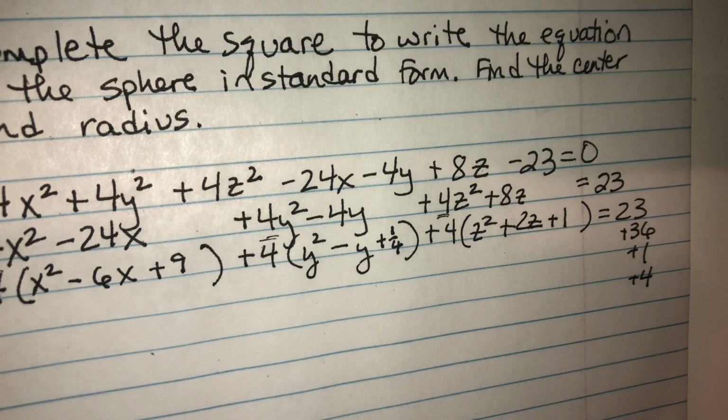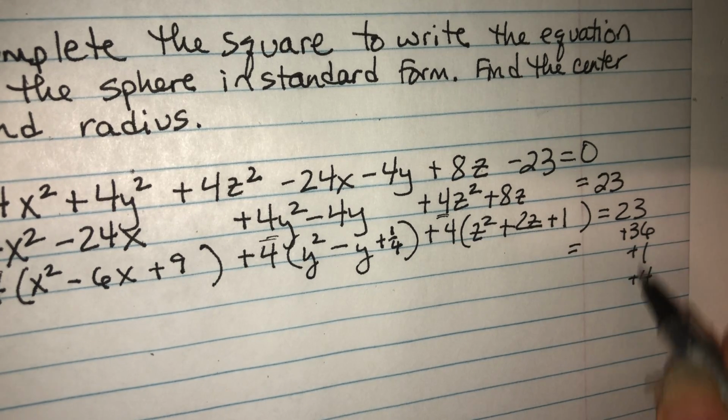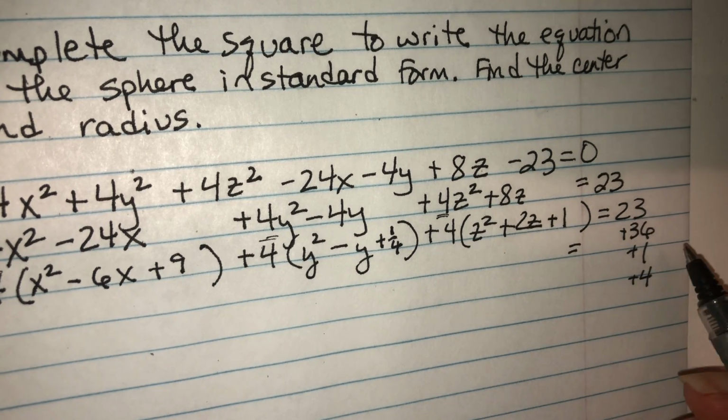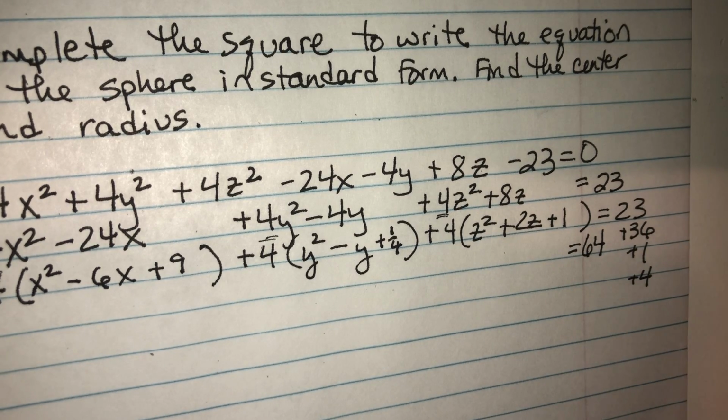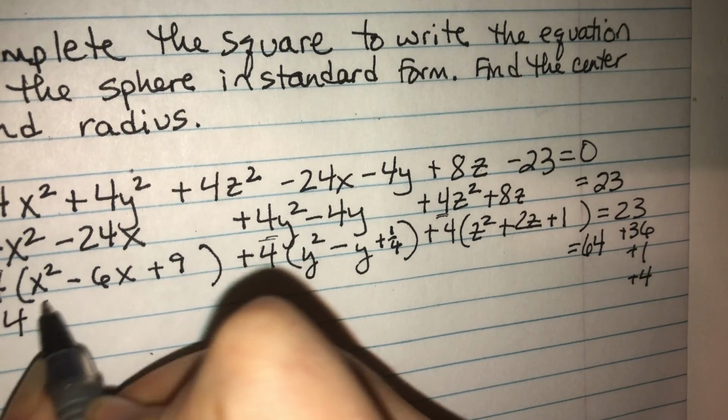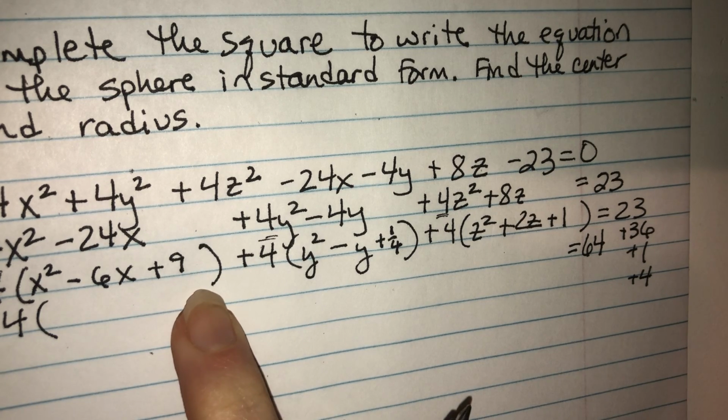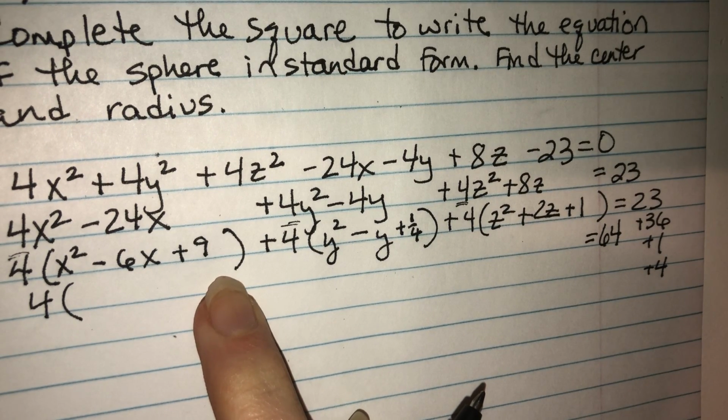Okay, so now the right side, I'm going to go ahead and add these numbers up. What is 23 plus 36 plus 1 plus 4? 64. Okay, now I'm going to have 4 on the parentheses. I'm going to rewrite this quadratic trinomial as the square of a binomial.